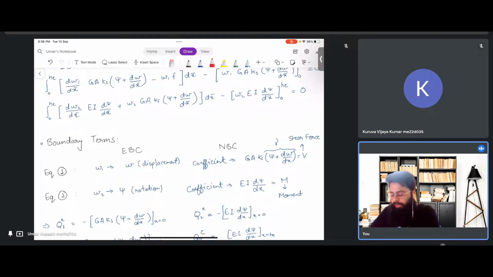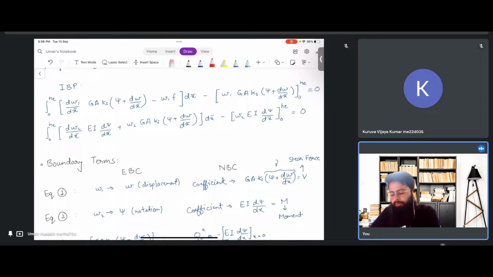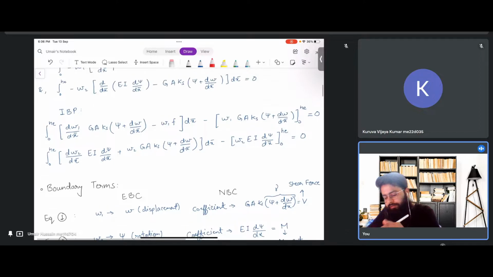So the essential boundary condition would be the value of w, and to get the natural boundary condition term, we see the coefficient of the weight function in the boundary term, which is this term here. So this is the natural boundary condition corresponding to our first variable, w.